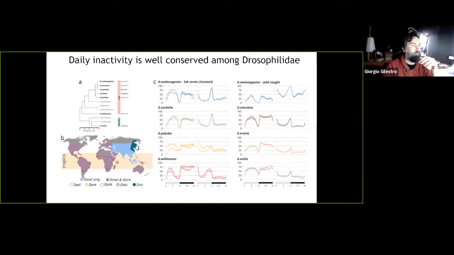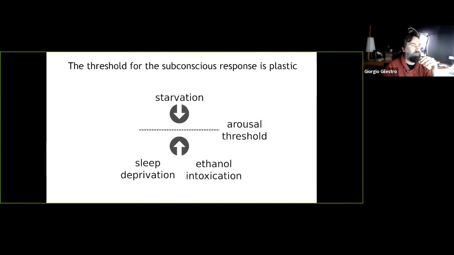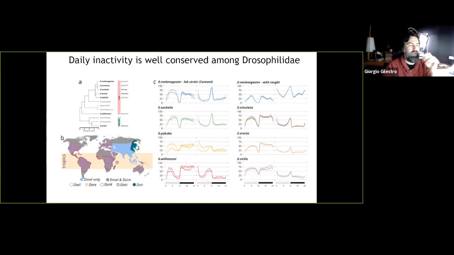We also looked at, the slide is missing, but we also looked at the circuit that highlights this. And we explored what are the brain connections that are connecting the fly nose all the way to the sleep centers of the brain.